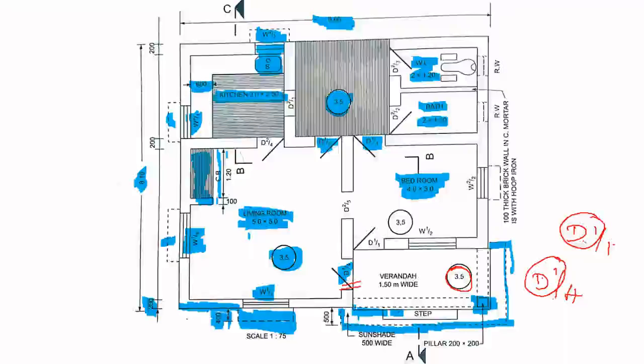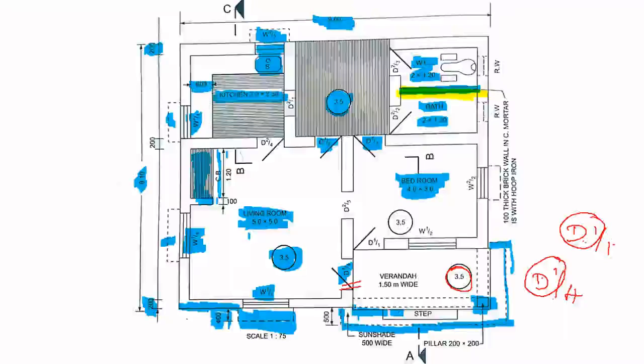Everywhere the wall thickness is 200 mm. And here it is given, see this wall. I told you every wall is 200 mm except this wall. The reason is this wall divides the bath and the water closet. This wall has small thickness.